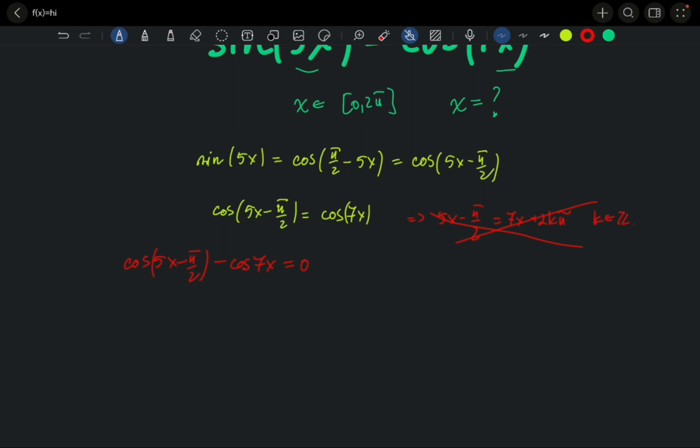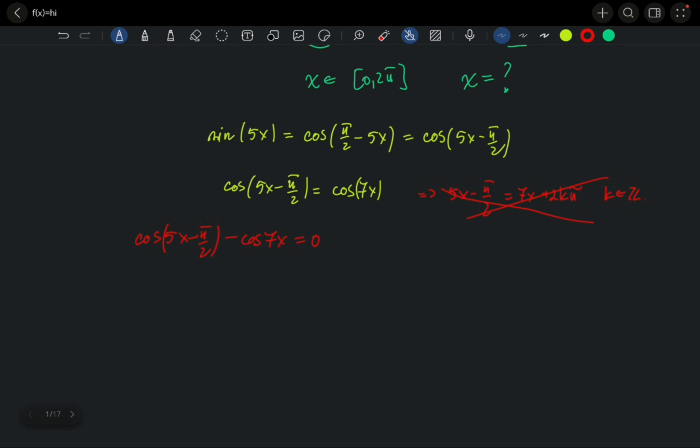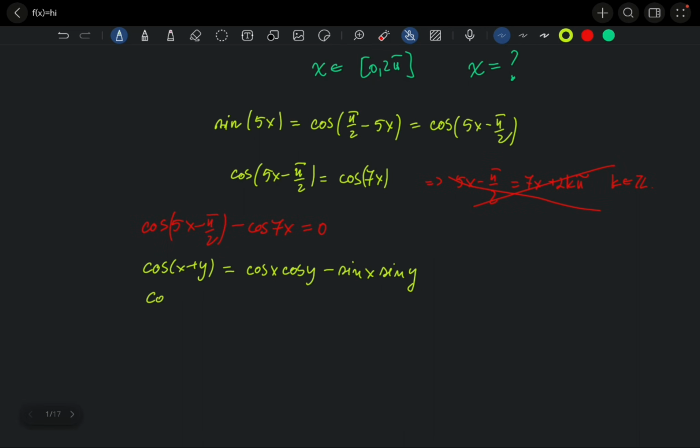Let's take a look at the cosine of the sum of x and y. Cosine of x plus y, and I hope all of us know that that's equal to cosine x cosine y minus sine x sine y. And now let's take a look at cosine of x minus y, and that's equal to cos x cos y plus sine x sine y.